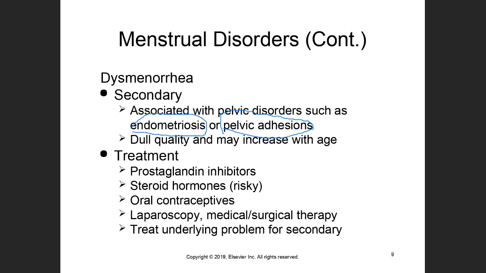I don't know why they put prostaglandin inhibitor right here, but prostaglandin inhibitors are NSAIDs. Steroid hormone is extremely risky. Of course, you have to be very careful with steroids because if the patient has cancer for any reason, you worsen the condition. Okay, OCP. Laparoscopy is most of the time the treatment for endometriosis; treat the underlying problem for secondary.